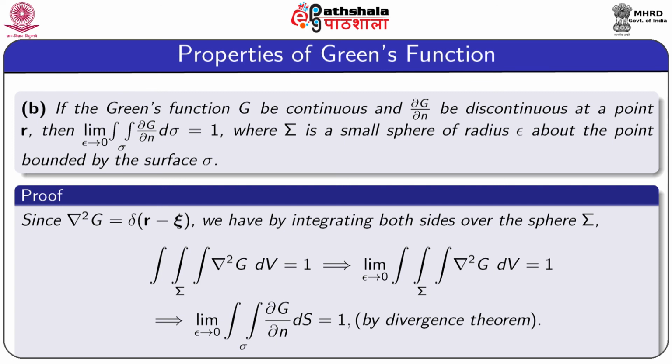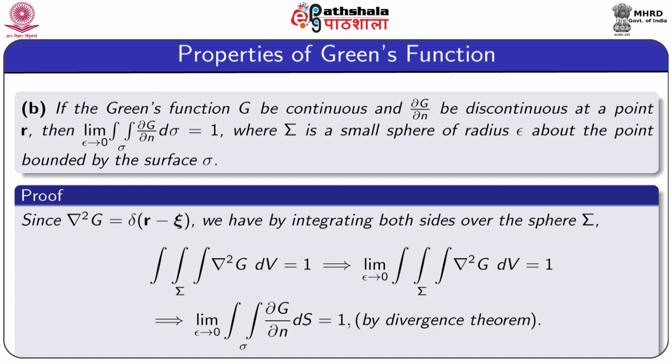Now, we know the property of Green's function as Laplacian of G is equal to delta(R minus xi). We integrate both sides over the sphere sigma. Then we obtain the volume integral over sigma of Laplacian of G dV equals 1. If you take the limit as epsilon tends to 0, then its value will remain the same: volume integral of Laplacian of G dV equals 1.